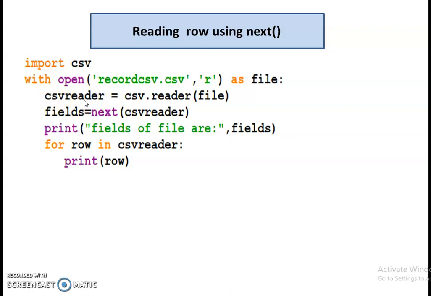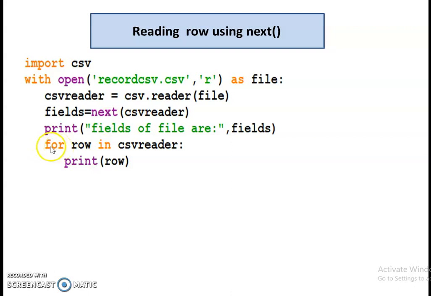We iterate rows from it. So we are passing it as a parameter to the next method, and it will return the first row, and we are storing it in fields. This next method will return the first row and move the cursor to the next row, and we can extract the remaining rows using a for loop.